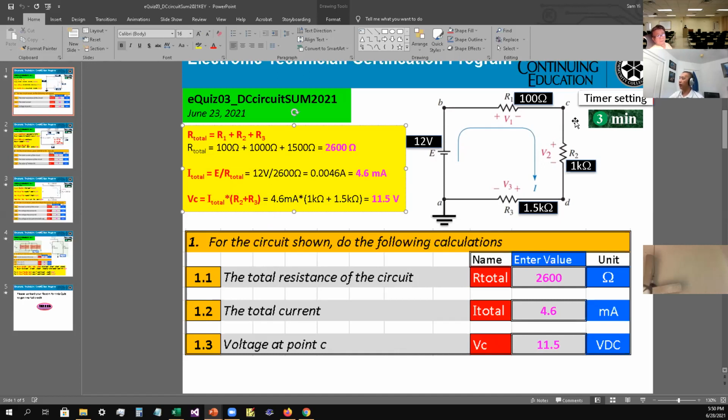The resistance it has to travel through from point C is R2 and R3, so you have to combine R2 and R3 together. So you have 4.6 milliamps times quantity 1K plus 1.5K. Add that together and multiply, and you should get about 11.5 volt. So number three should be 11.5 volt.